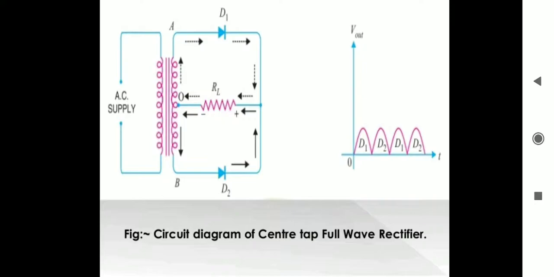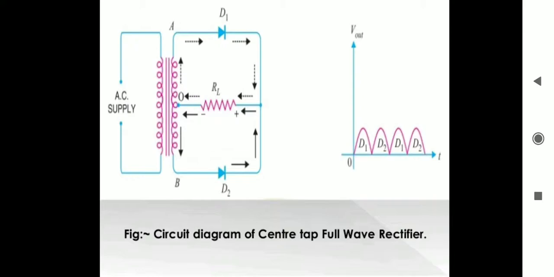During the negative half cycle of the input AC voltage, at the D1 side there is terminal 1, and at the D2 side there is terminal 2. So during the negative half cycle, terminal 2 will become positive relative to terminal 1 and the center tap.